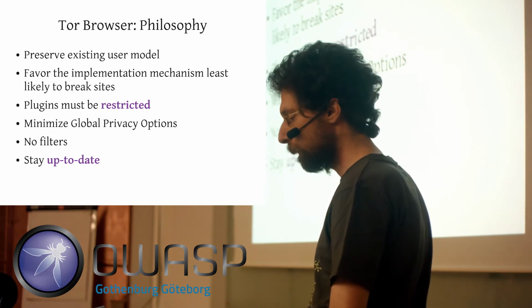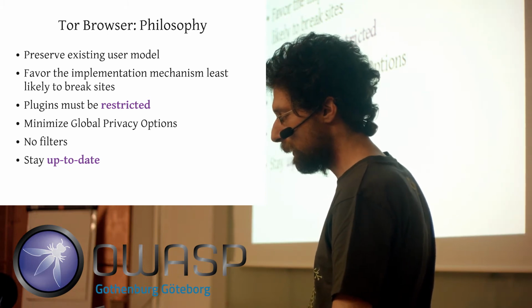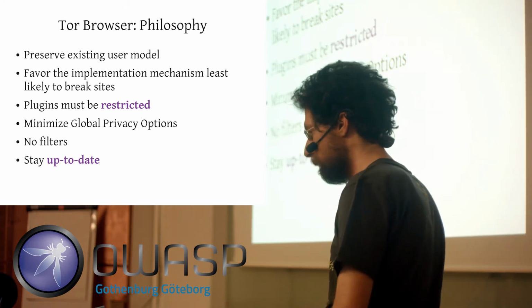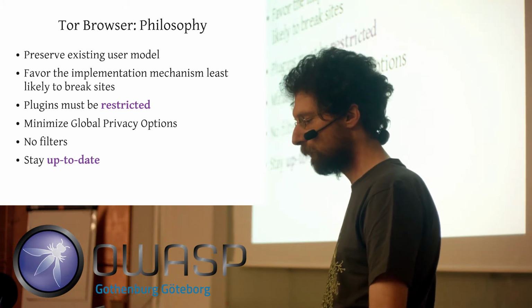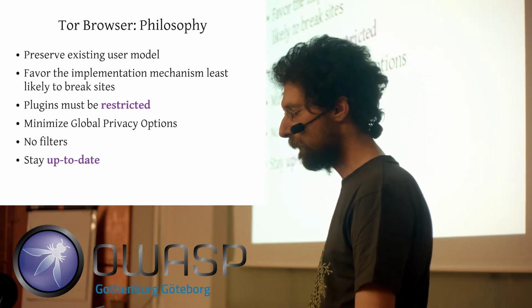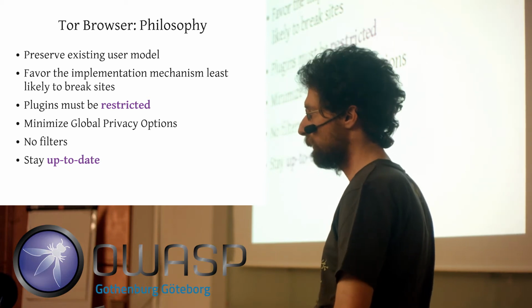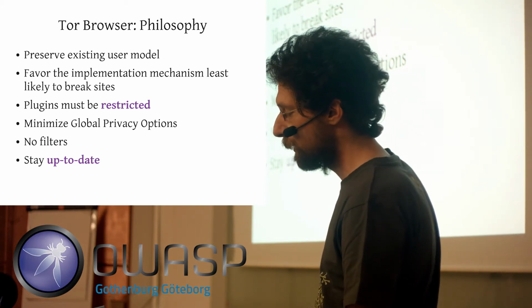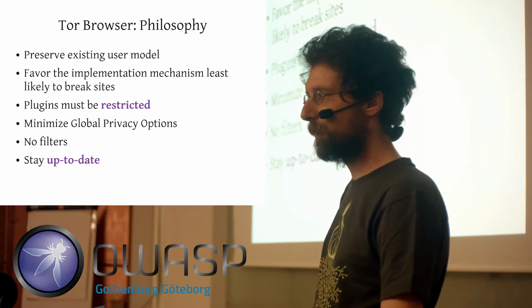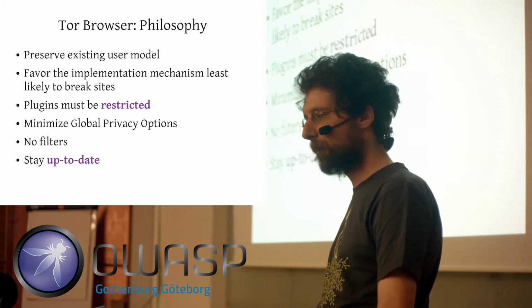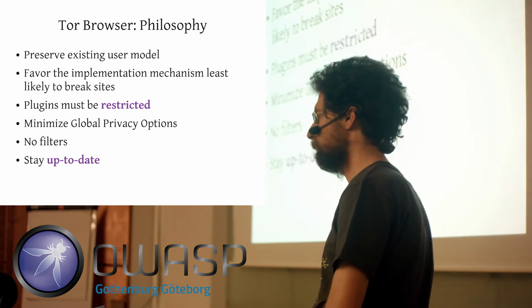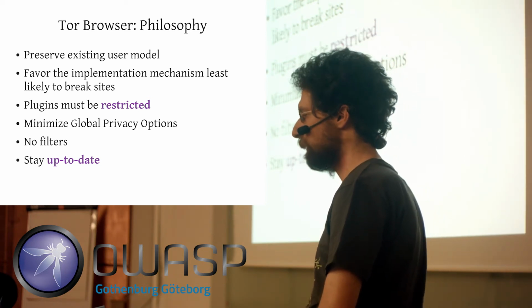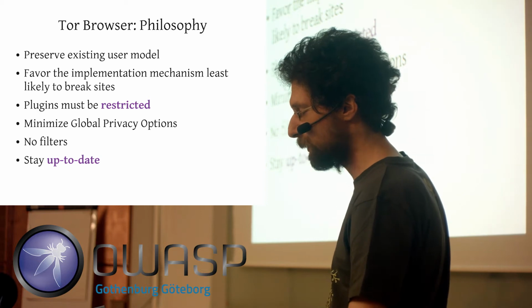Then, additionally, we want to have an implementation of a privacy enhancing technique in a way that it's not likely to break websites. Because, I mean, if it's easy to lock a browser down in a way that it's almost secure and almost no privacy invasion can happen.